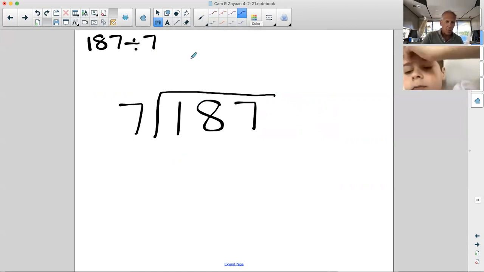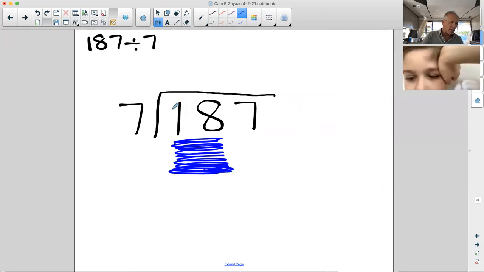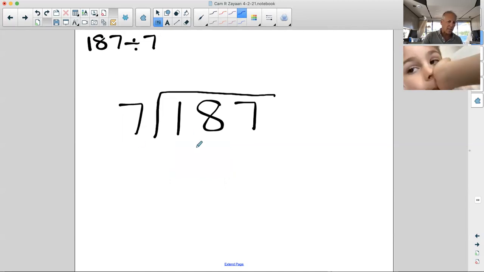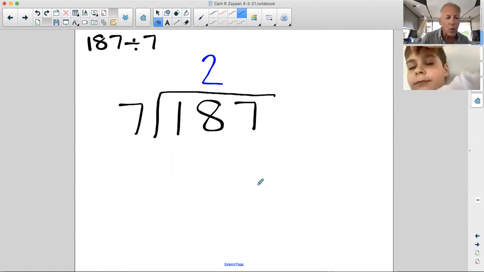Now, Cam, I'm going to ask you some questions. Are you ready? How many times does 7 go into 18? Because 7 doesn't go into 1, so we have to look at the 18. 2, of course. So put a 2 directly above the 8. Now you know what 7 times 2 is.